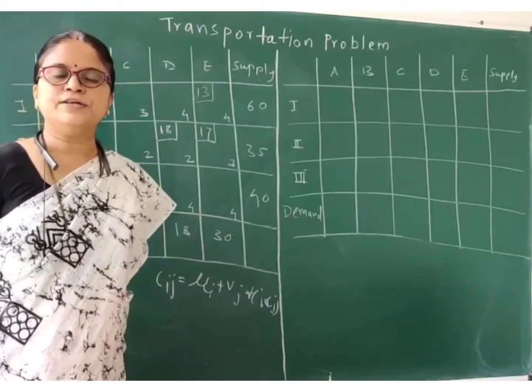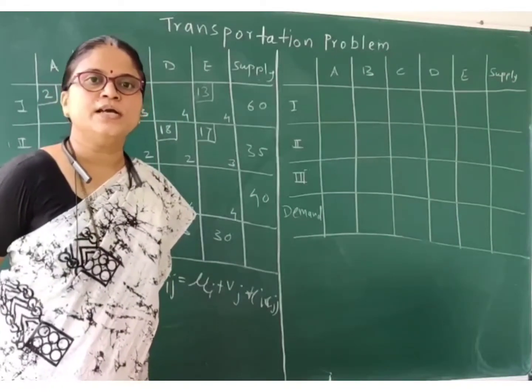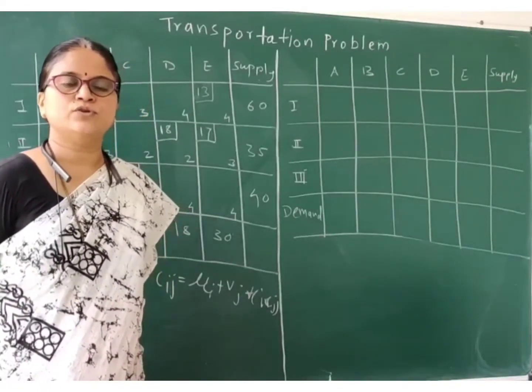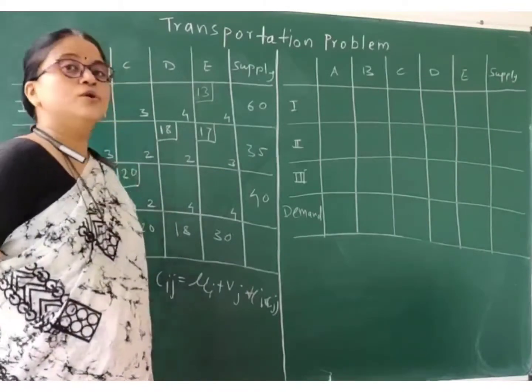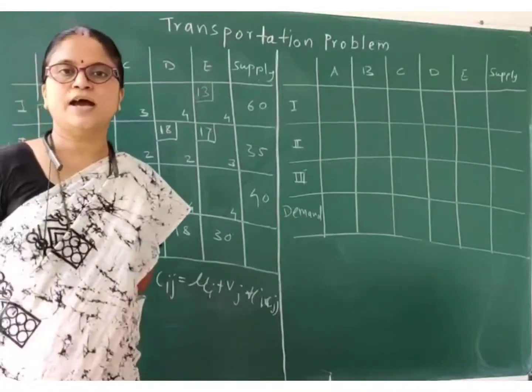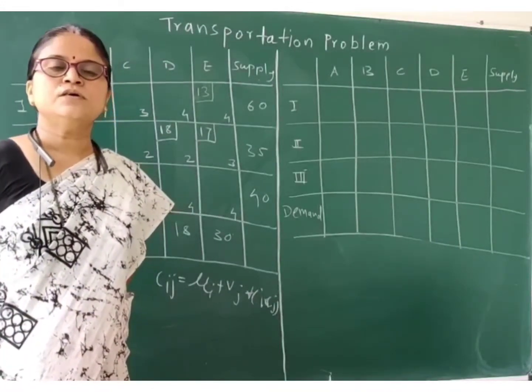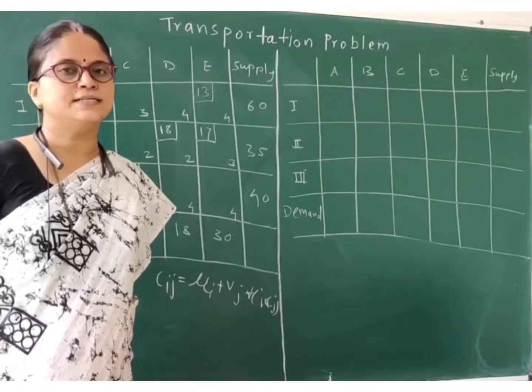So to find Ui and Vj, we must assign any of the Ui or Vj a value of 0. To allocate the value, we must select the row or column with maximum occupied space.